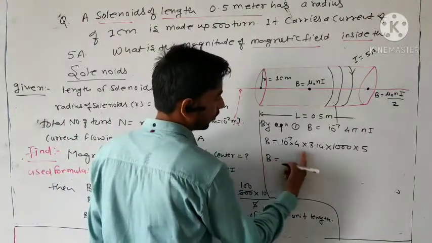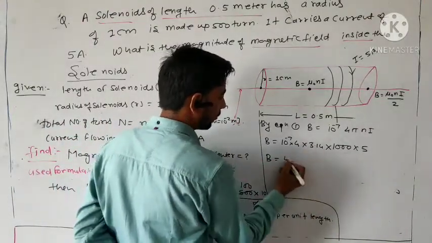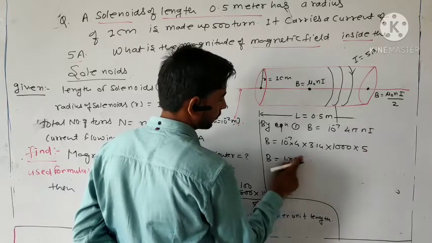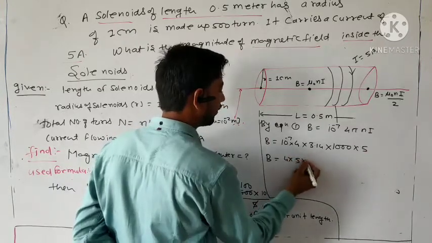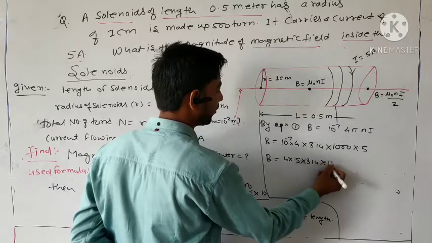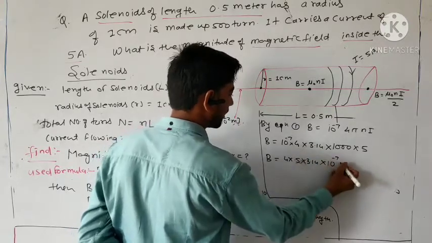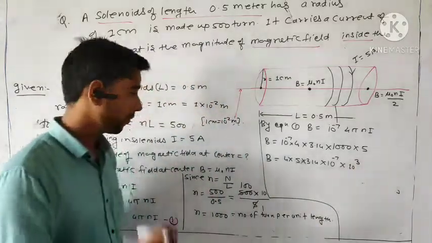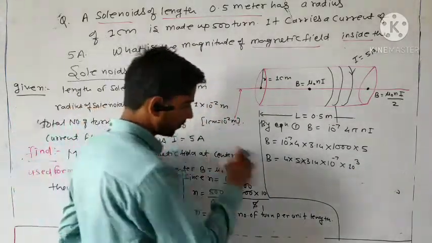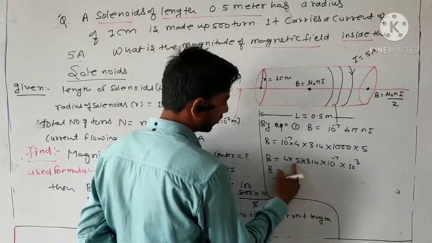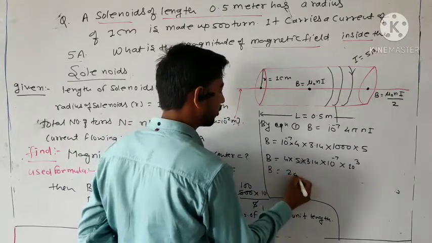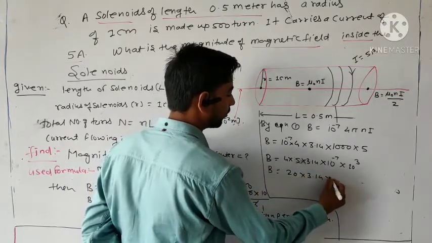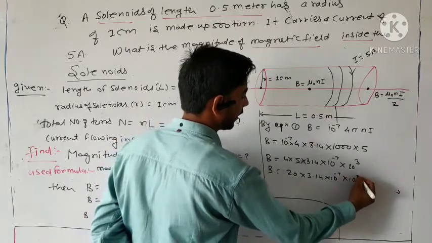B is equal to 4 into 5 into 3.14 into 10 to the power minus 7, and you can write 10 to the power 3 also here. Now multiply these. 4 fives are 20, so B is equal to 20 into 3.14 into 10 to the power minus 7 into 10 to the power 3.